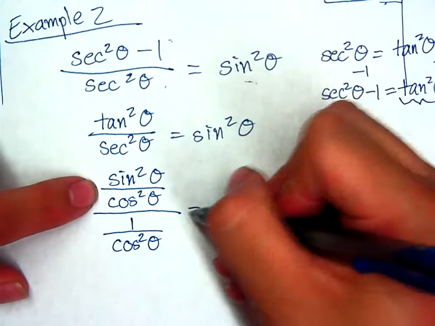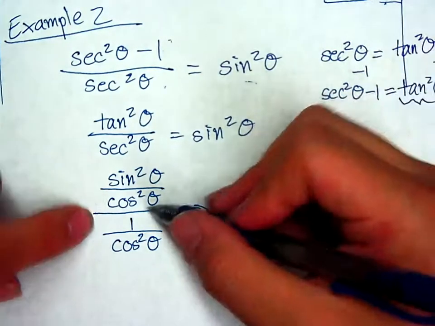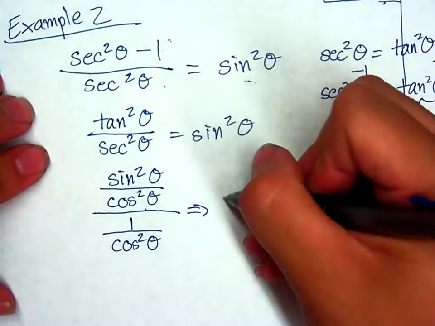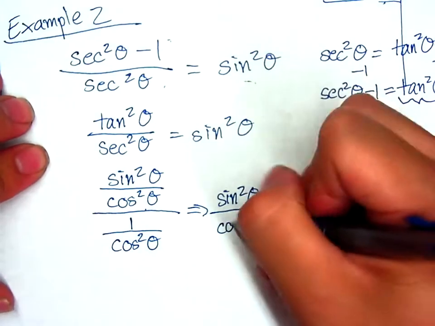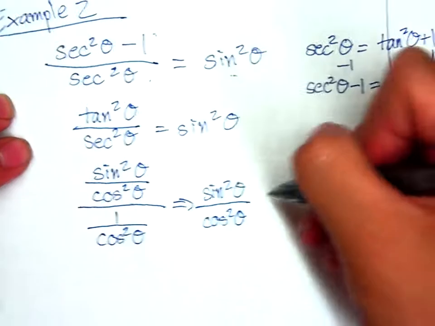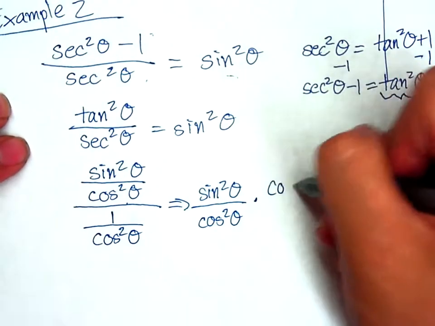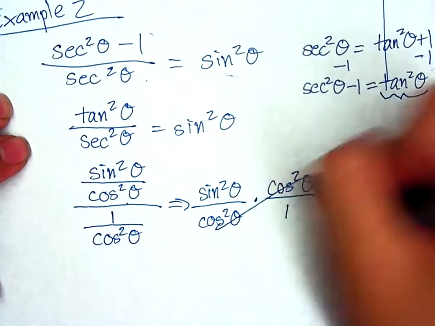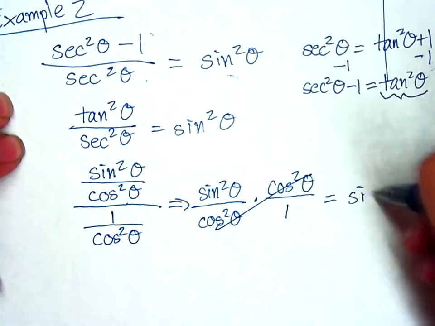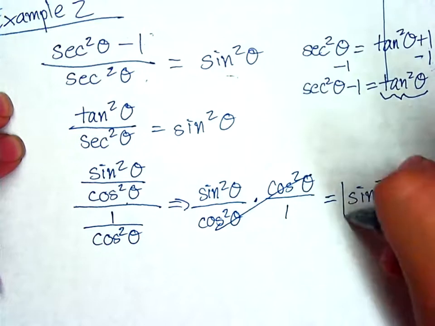Now I'm continuing to manipulate this one. Dividing by a fraction means that I'm going to multiply by its reciprocal. And hopefully as I'm writing this, you're seeing what's going to happen. The cosine squared thetas will cancel each other out, leaving me with just sine squared theta and exactly the result that I wanted up here.